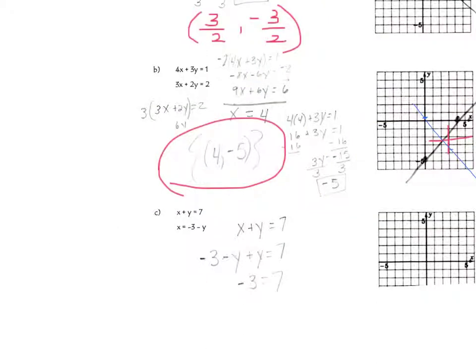And just for fun, let's go ahead and graph 3x plus 2y equals 2. So we subtract 3x and we divide by 2.